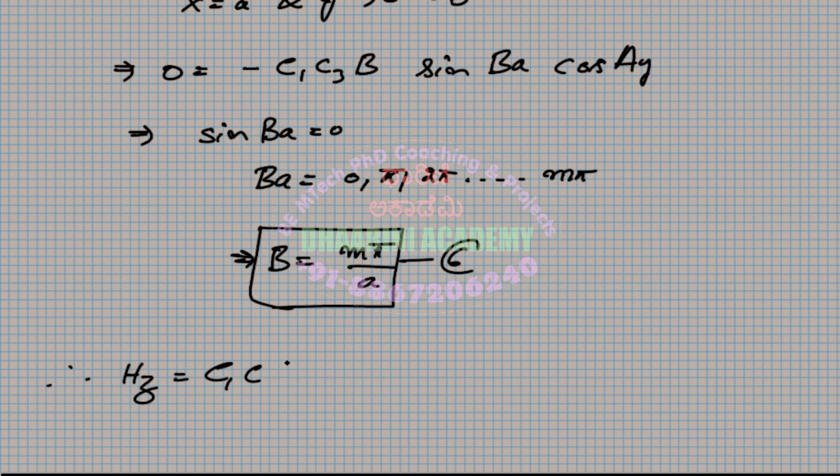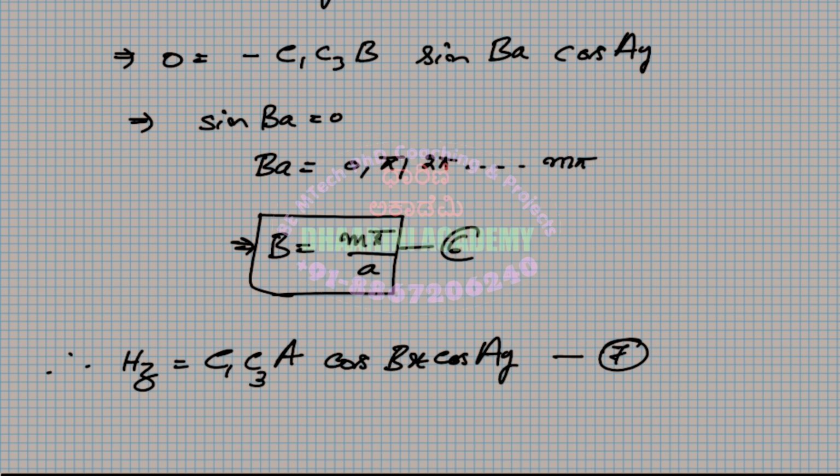So I have C3 with me, C1 C3 into capital A cos Bx cos Ay. Okay, is it fine? Okay, now also we have the equation 5 and 6 with us, right? So let me call this equation number 7. So 5 and 6 in 7.